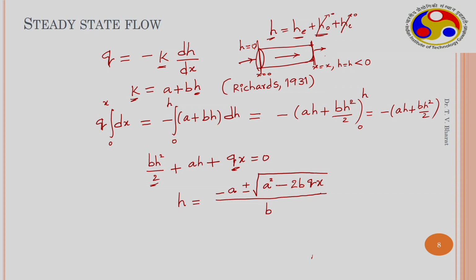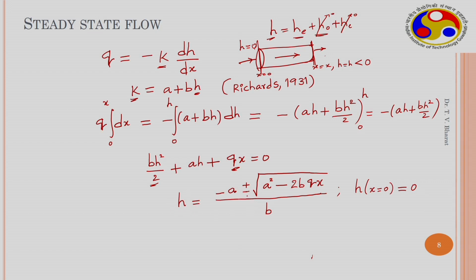If you use the boundary conditions, one of the boundary conditions is at x equal to 0, the head value at x equal to 0 is equal to 0. So therefore if you substitute x equal to 0, this value becomes simply a. So minus a plus or minus a divided by b.